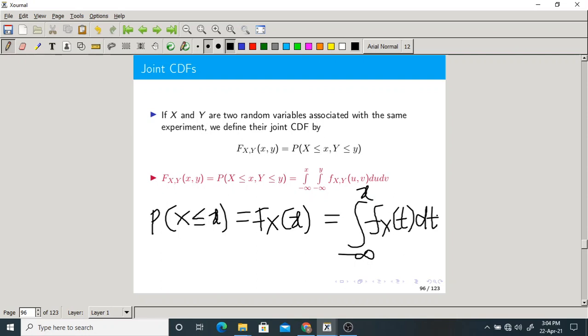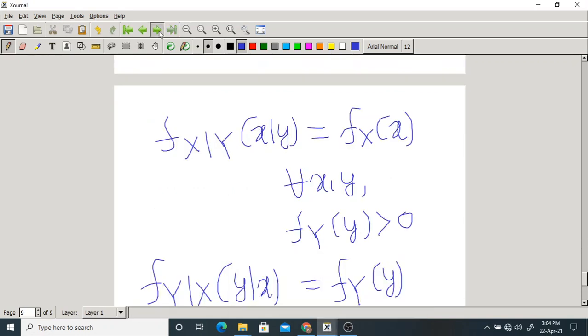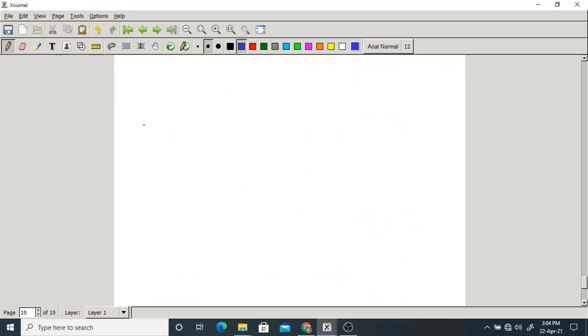Now we are writing for two random variables. The probability that X is less than or equal to small x and Y is less than or equal to small y defines the joint CDF.